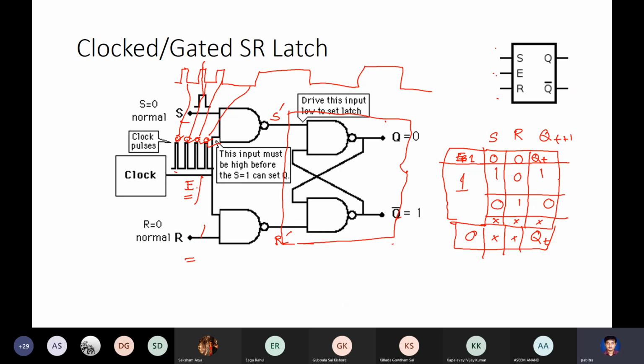So this is clear. This is a gated SR latch. I'll be calling it an SR flip-flop, with this transition excitation table.